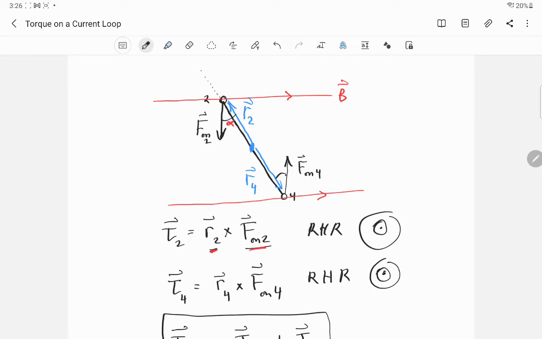Anyways, I'm going to extend the direction of R2, right, with that black dotted line. So the direction of R2 is the black dotted line, but the direction of the force is this. So the angle that we're interested in is actually this big angle right here, right?